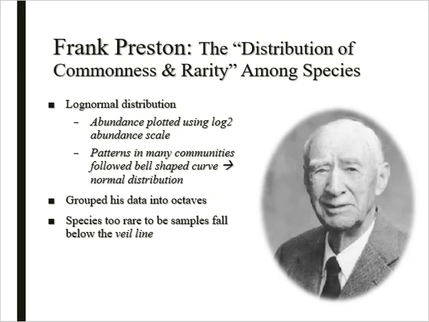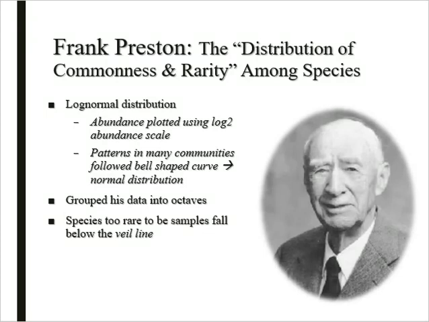And when he plotted abundances using that log 2 scale, he observed that the patterns of abundance in many communities followed this normal distribution of species, hence the log-normal distribution. For many communities, a log-normal distribution provides an accurate description of the abundances of species in a community, and therefore it's frequently used to model the relative abundance of species in communities.